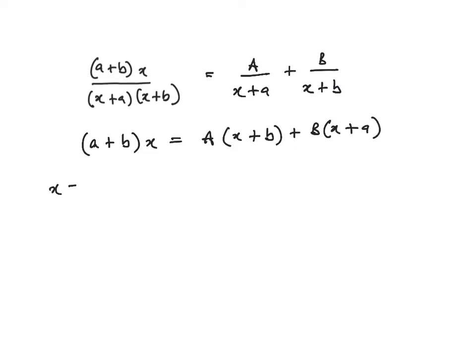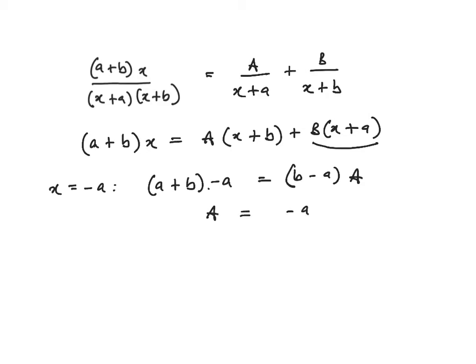If we take x equaling minus a first of all, I have a plus b times minus a on the left hand side, so this whole term will be 0, and then we'll have b minus a lots of A, and A then equals minus a plus b over b minus a.